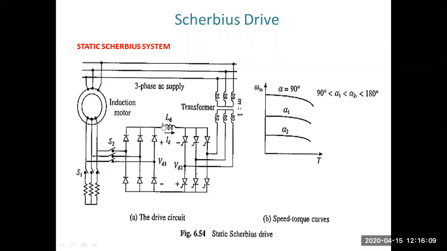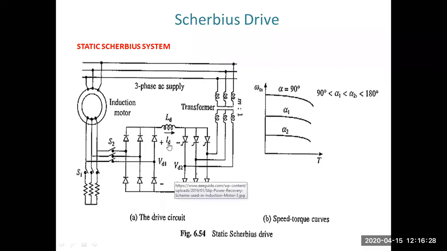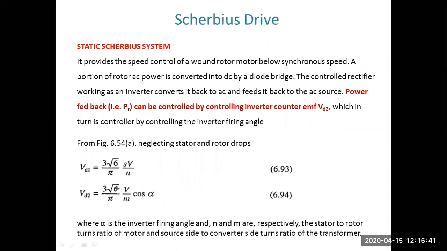If this voltage is zero, with VD1 plus to minus and VD2 plus to minus, then applying KVL in this loop we get VD1 plus VD2 equal to 0. So I hope you get the value VD1 plus VD2 equals 0. Now we are substituting equations 6.93 and 6.94, which are this.